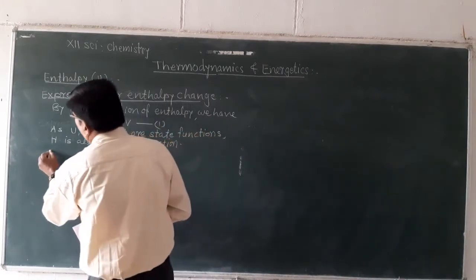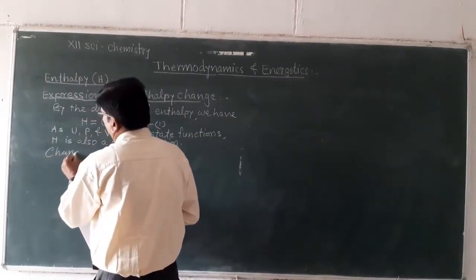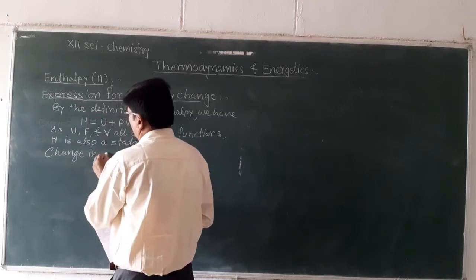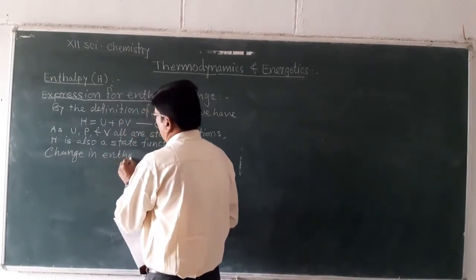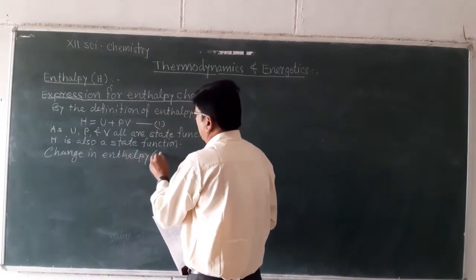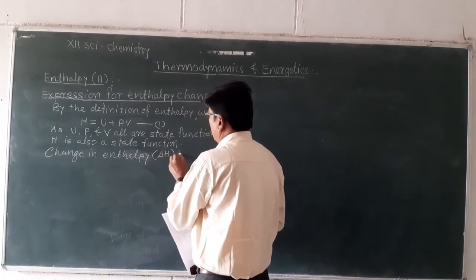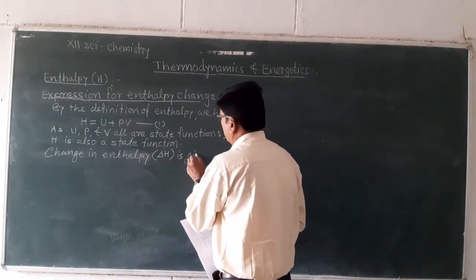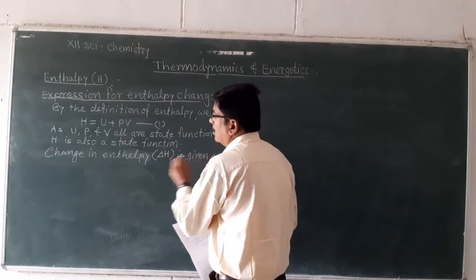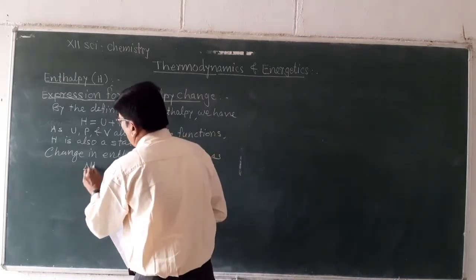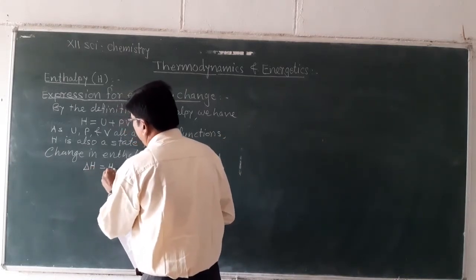Change in enthalpy delta H is given as delta H is equal to H2 minus H1.